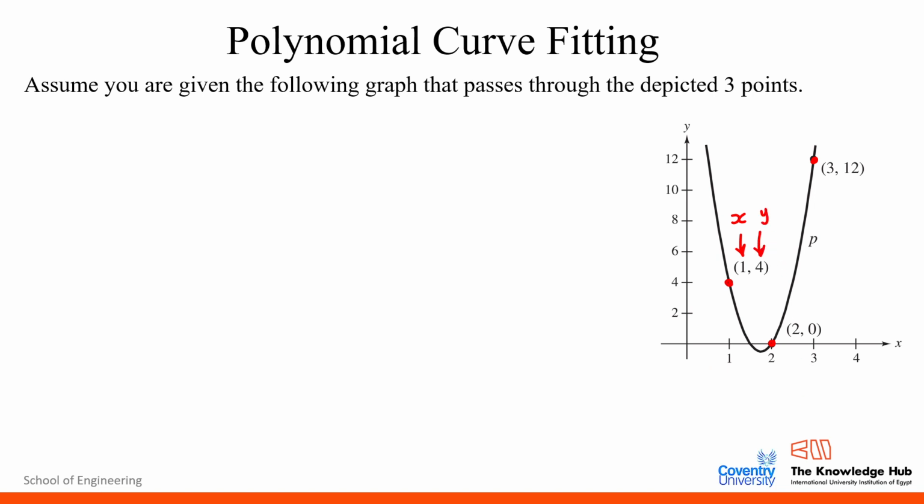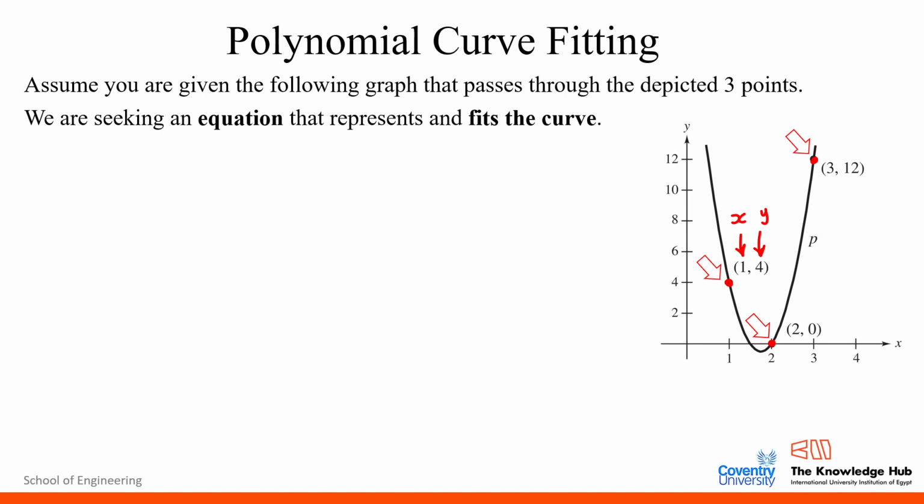So we have here the x and y coordinates for 3 points. What I am seeking is an equation that represents and fits the curve. So our aim is to find an equation that represents the curve.